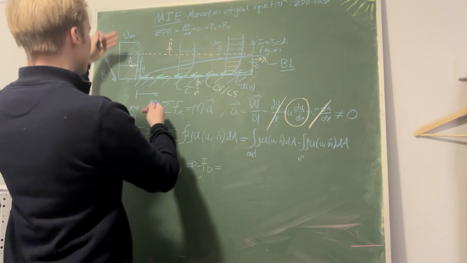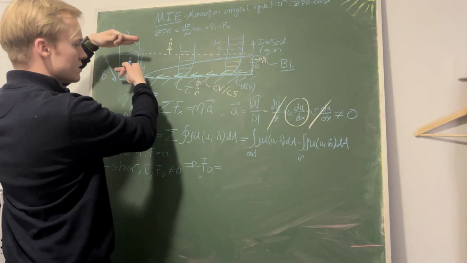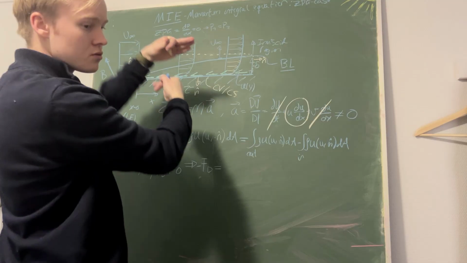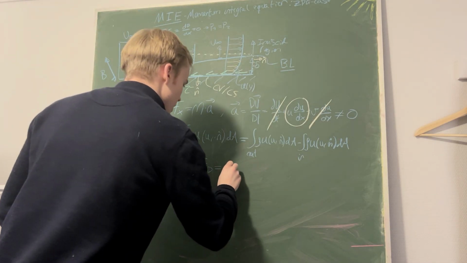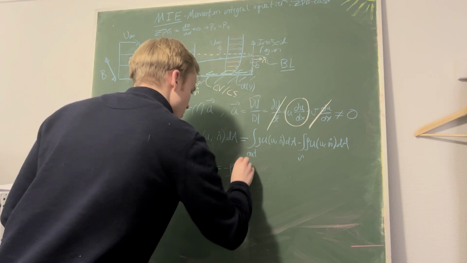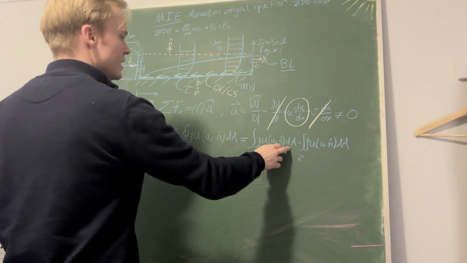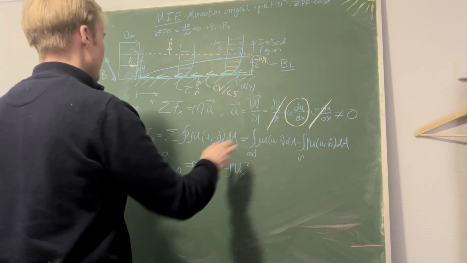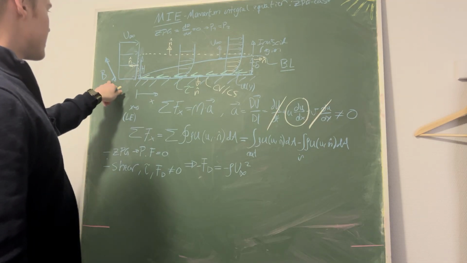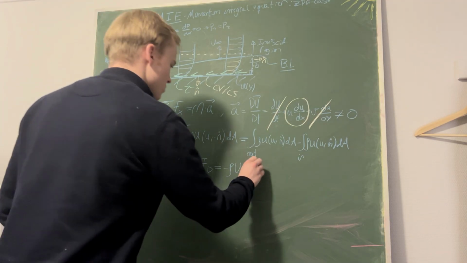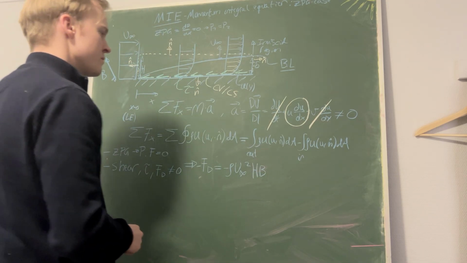Well, our u infinity goes like this, and our normal vector goes like this. So the dot product between those two is going to be -1. So we are going to have minus rho u infinity squared, and then our dA integrated up is going to be A, which is our height times our depth into the paper. So h times b, okay?